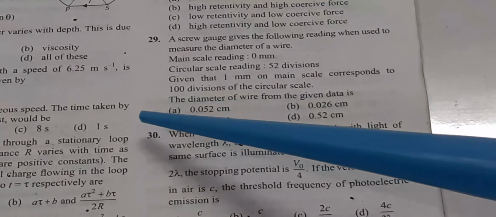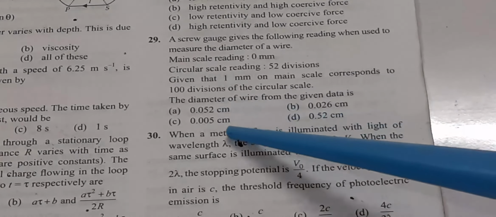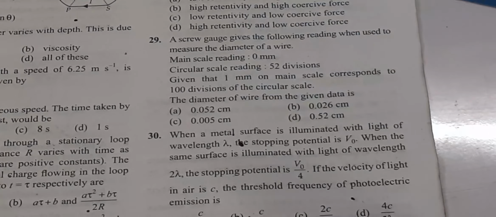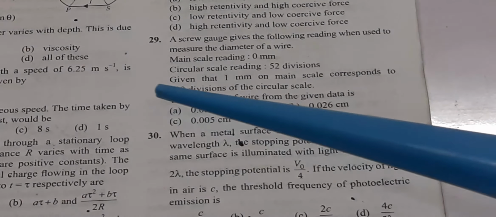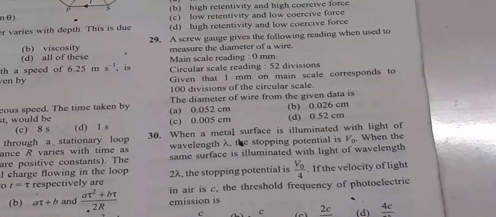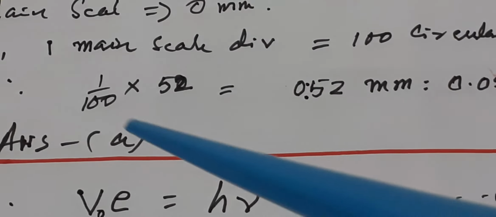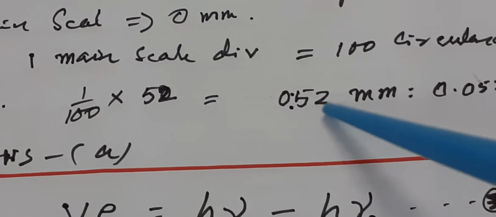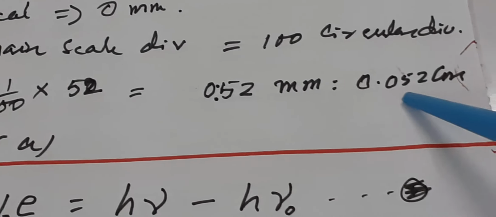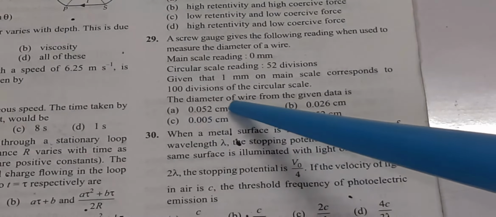For 52 you can use the unitary method also, and you will get 0.52 millimeter in this measurement, which is equal to 0.052 centimeter. That is the answer. Answer A is correct here.